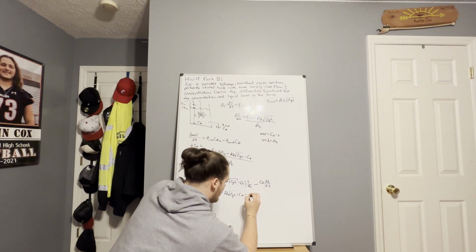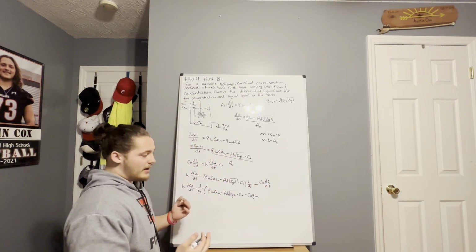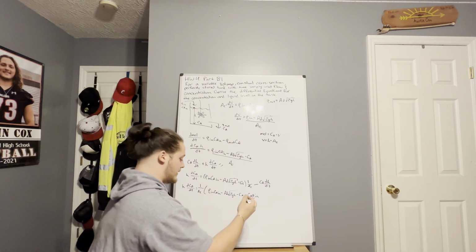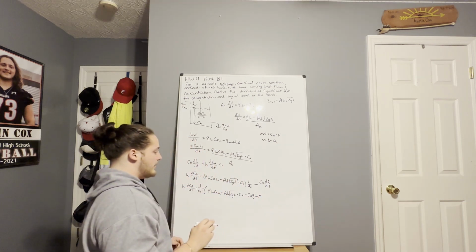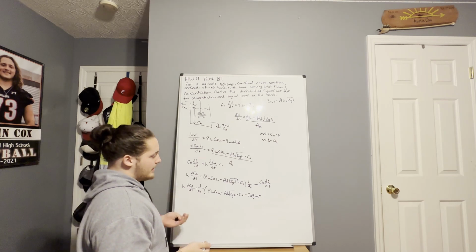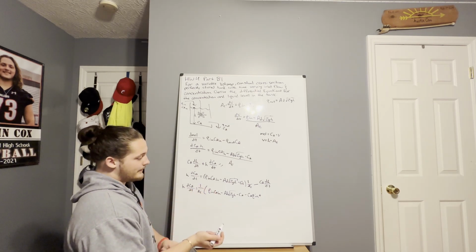and then incorporating this in will give us minus the concentration times the Qn, because it's just incorporating the outflow, and then we are going to take minus Ca times the Qn, and then that is going to be plus the concentration times the area of the drainage hole times the velocity.